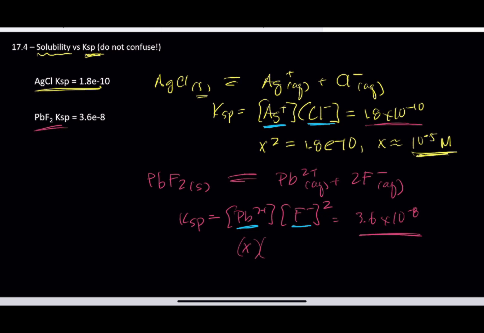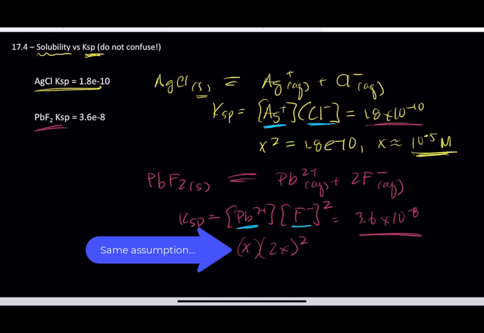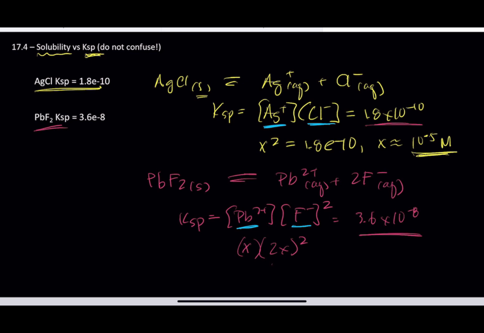And if we look down here, this is x times 2x squared, as in the concentration of lead is x, the concentration of F is 2x, and then we square it, which means that this is actually 4x cubed is equal to 3.6 times 10 to the negative 8th. Which then, when we do that, so that's the cubed root of 8, which is like 2, which means that x is approximately equal to 10 to the negative 2.